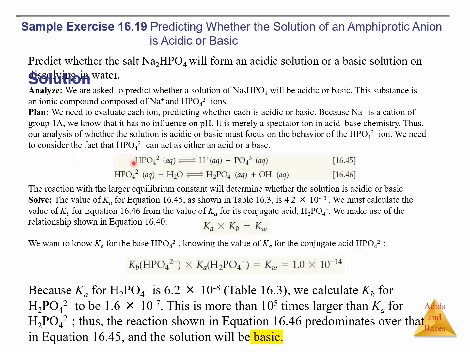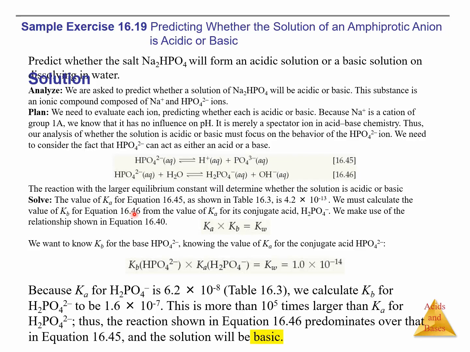Thus in our analysis, we need to consider the fact that this can act as either acid or base. So this equation is acting as a proton donor, and here it is acting as a proton acceptor, a base. Now the reaction with the larger equilibrium constant will determine whether the solution is acidic or basic.